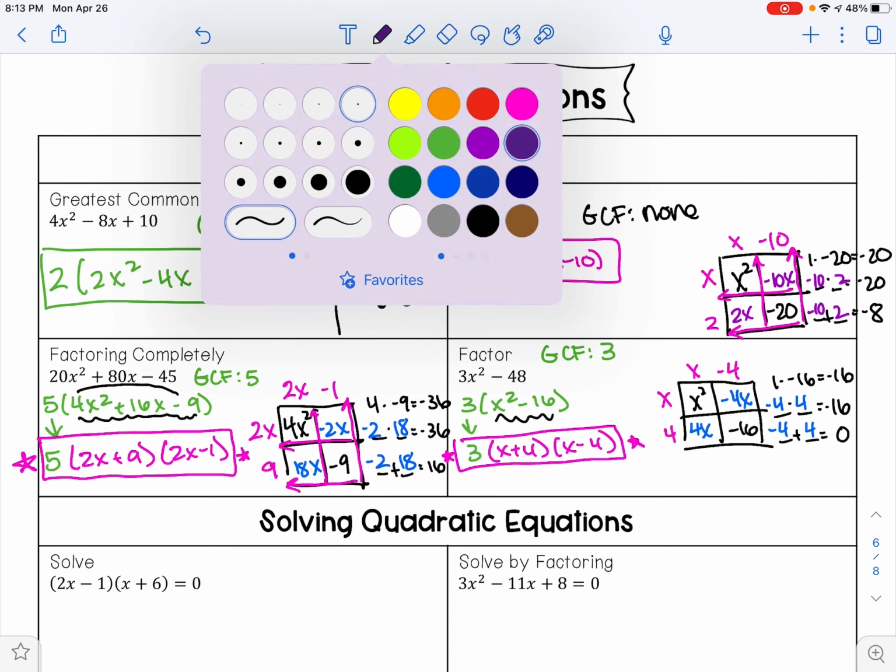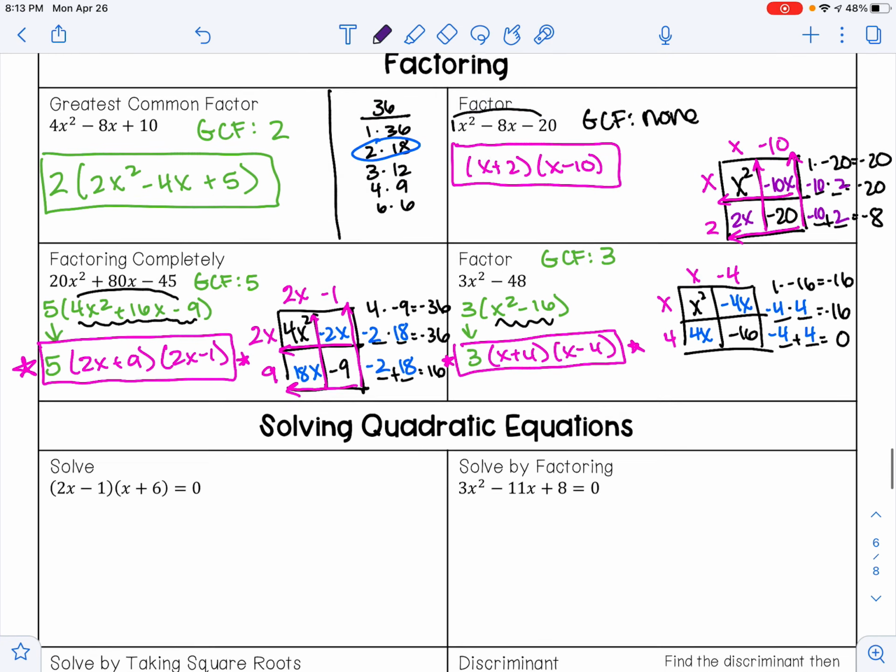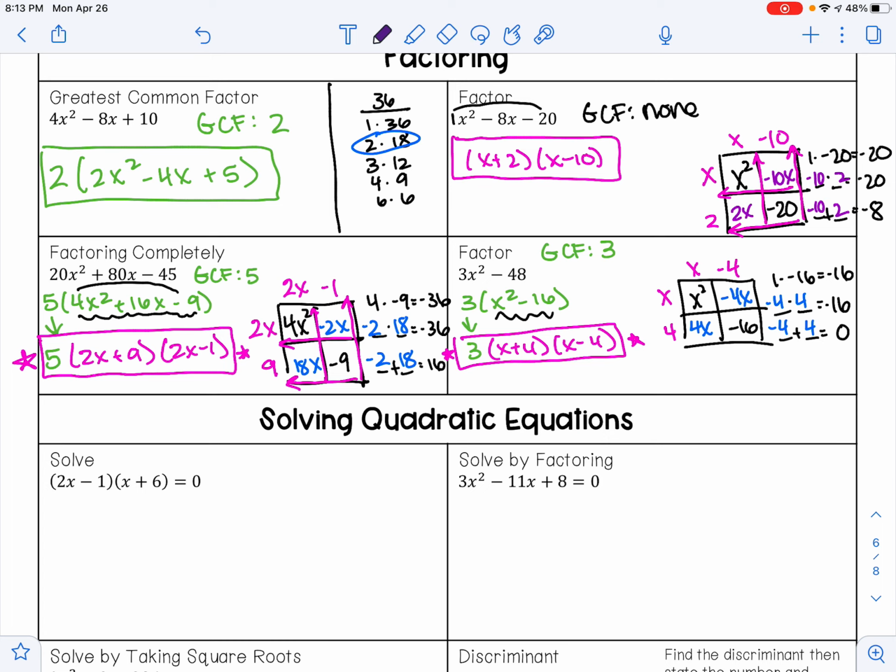We also learned how to solve quadratic equations. In this first one, I have two factors being multiplied together that equal 0. So I'm going to use the principle of zero products to set each factor equal to 0.